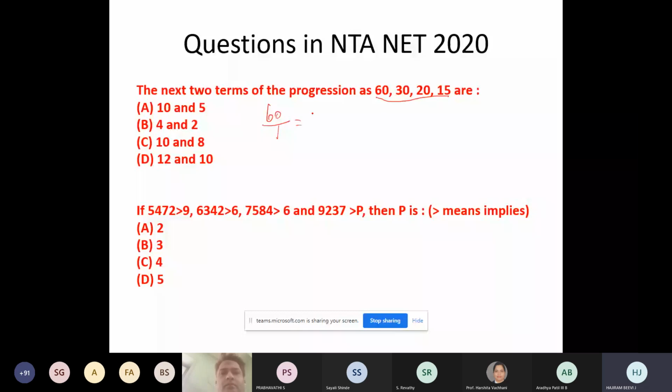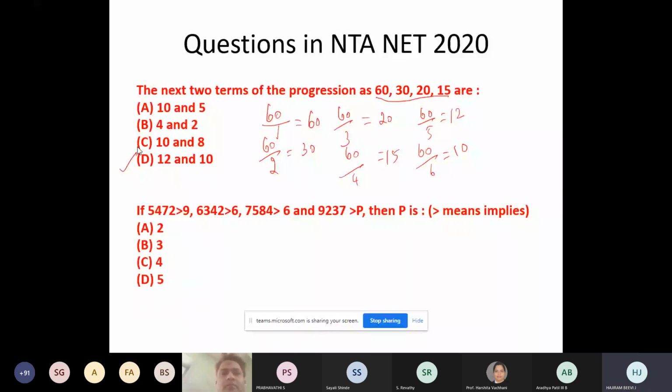Then 60 divided by 2 is 30. 60 divided by 3 is 20. 60 divided by 4 is 15. 60 divided by 5 is 12. 60 divided by 6 is 10. So the answer is 12 and 10.